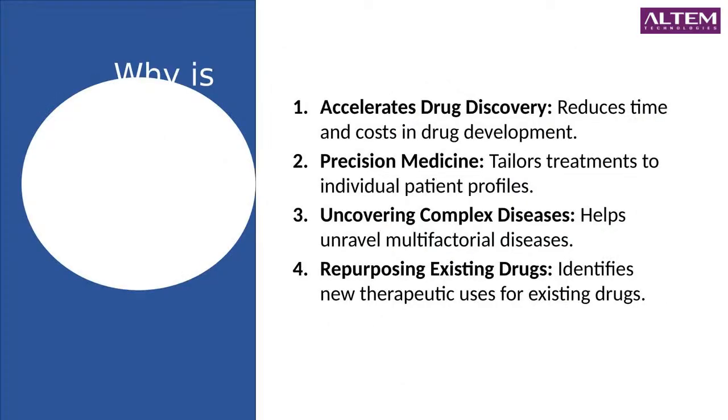Sorry for this. It's written here: why is network pharmacology important? The importance of network pharmacology: it accelerates drug discovery by reducing time and cost in drug development. It also helps in tailoring treatments to individual patient profiles, and it helps with precision medicine.